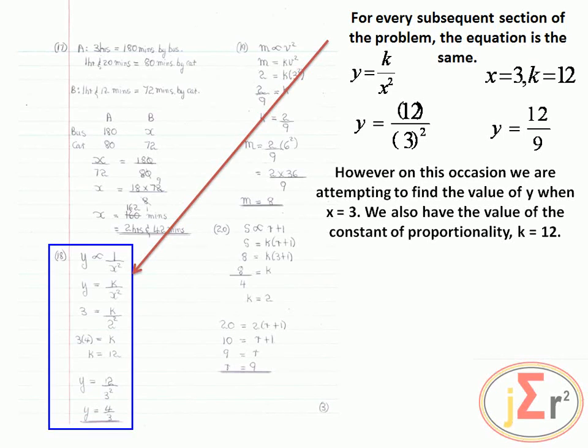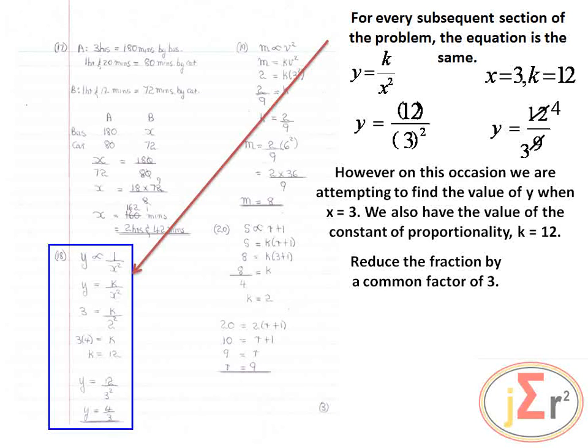And we will reduce the fraction by a common factor of 3. So 3 into 9 is 3, and 3 into 12 is 4. So we have 4 over 3 for the value of y.